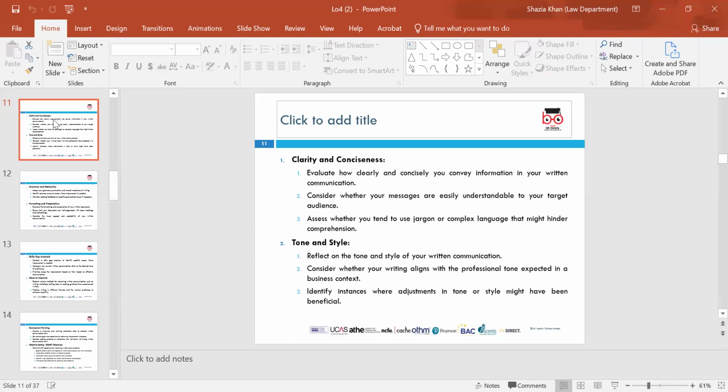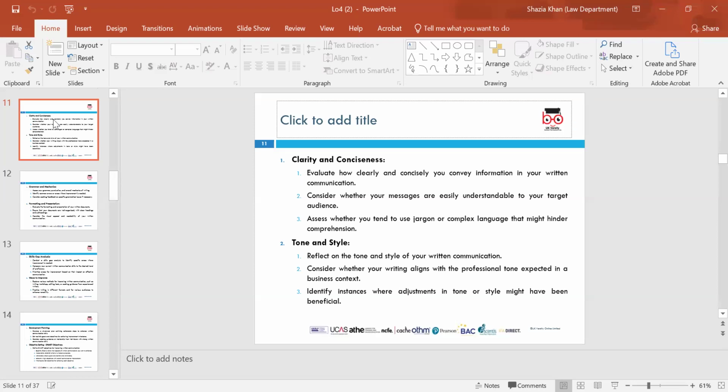Also the tone and style. So reflect on the tone and the style of your written communication. So the tone and the style may be the way you've written it, maybe trying to avoid being too blunt in messages and trying to be more professional, because sometimes a message can be identified and explored in a different manner.